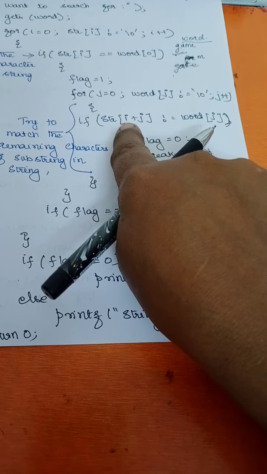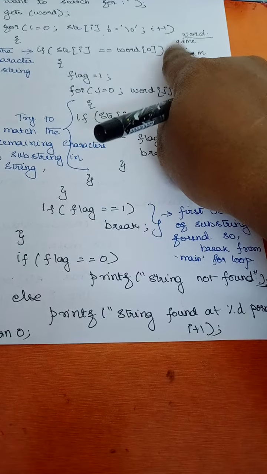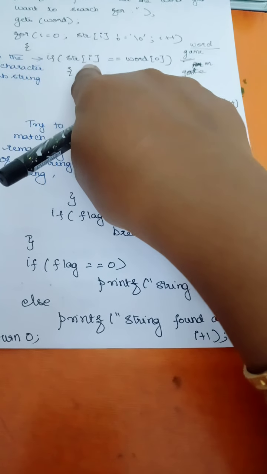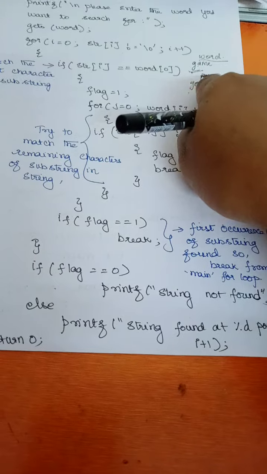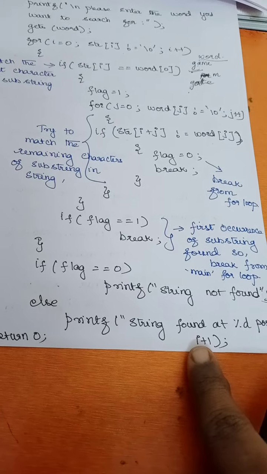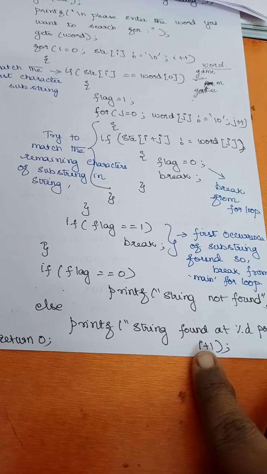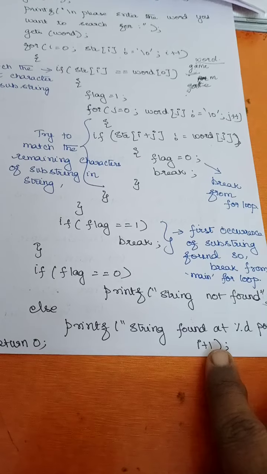So in the ith location only, the first G matched with my original string, so in this particular location only my substring starts. That's why I am printing I plus 1, because since we are starting from 0, I can add I plus 1.